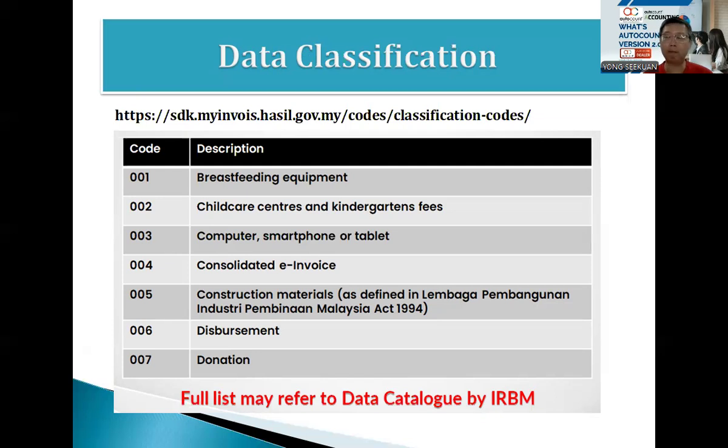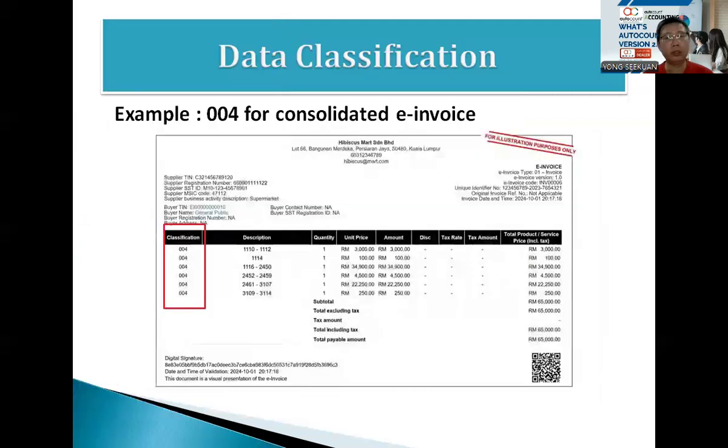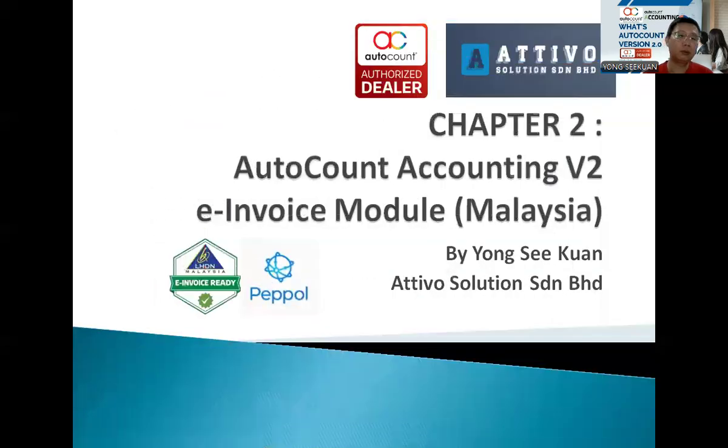If my company sells computers, I select 003. If I have a 6 month grace period and consolidate during these 6 months, then for the consolidated invoice I don't put 003, I just put 004. This is a consolidated invoice standard format, and you see the classification is all 004.